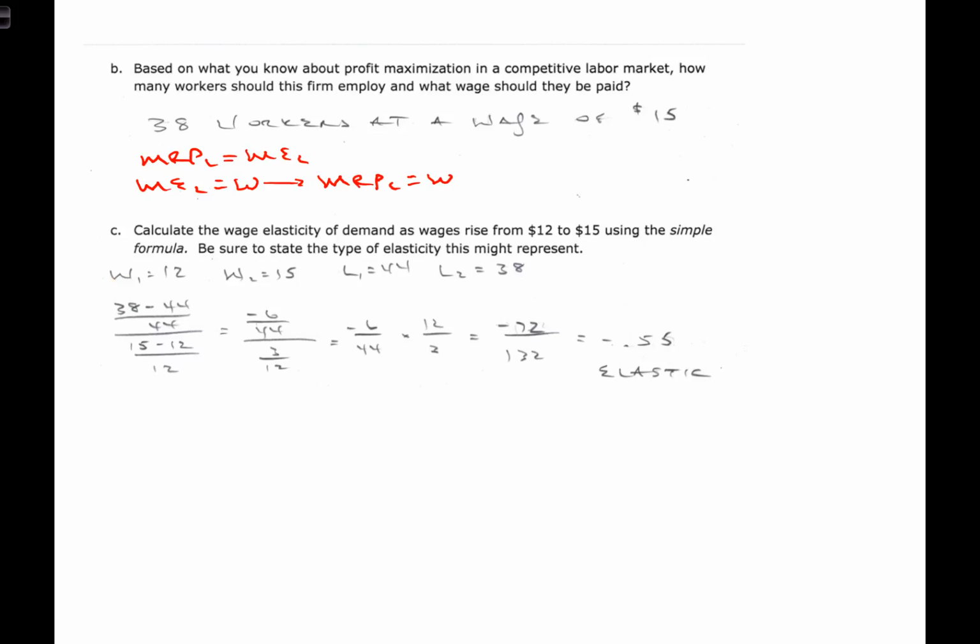I set it up with a W1, W2, L1, L2, because we know that the simple formula, which starts from a very simplistic form, is percent change in labor divided by percent change in wage. The simple formula is going to be L2 minus L1 divided by L1, which is a percent change formula essentially, divided by W2 minus W1 divided by W1.